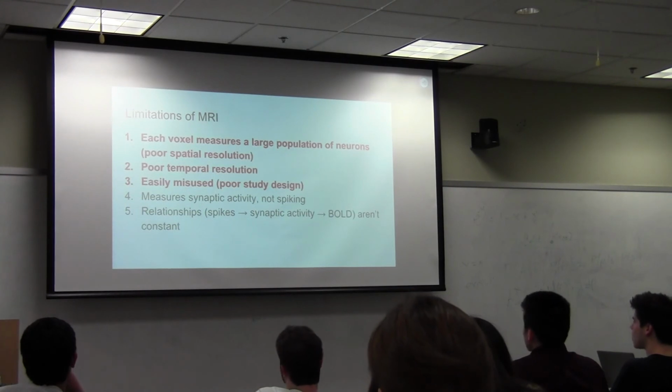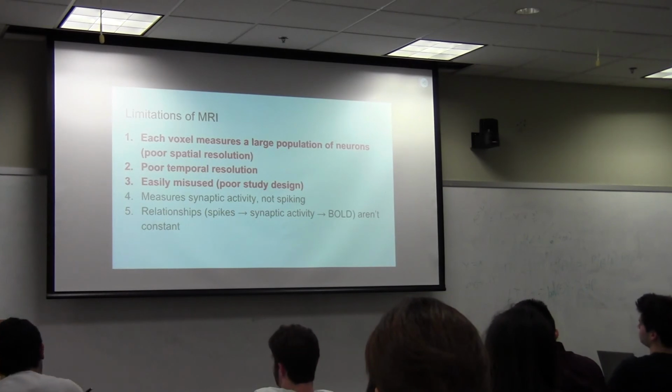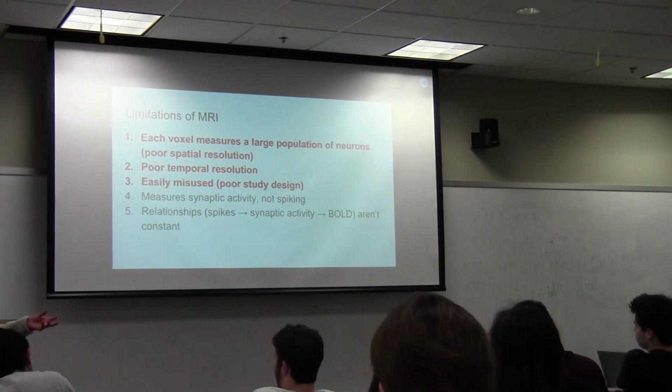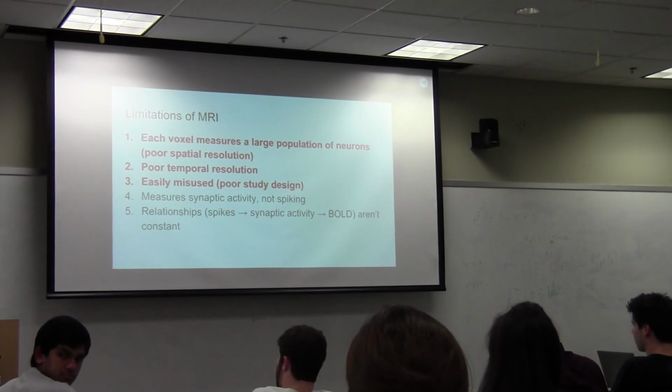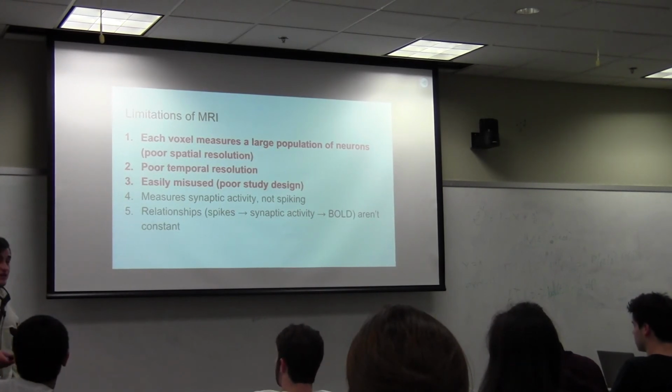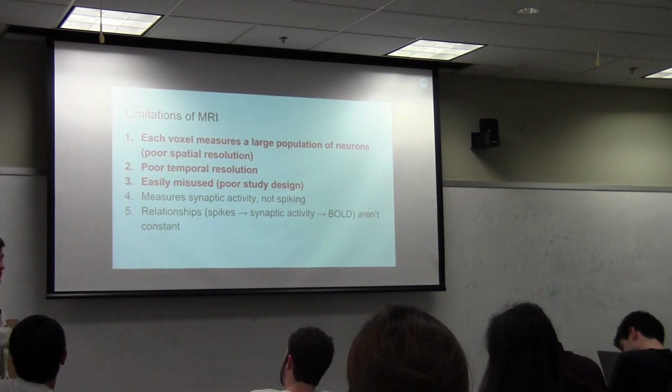And then some further limitations. So the three in red I think are the most important. These other ones were also mentioned, but like I had said, it's kind of coarse spatial and temporal resolution because the time bins are pretty big and also the voxels are large compared to the size of a neuron. And since it's easily misused, there's a lot of studies out there which maybe don't have good control conditions or are poorly designed, so they're putting out conclusions that are kind of dubious at best.